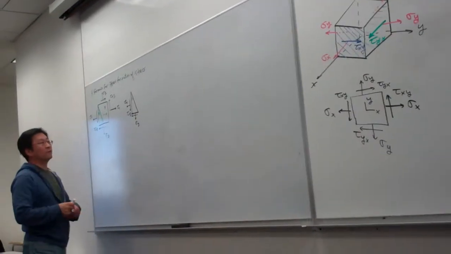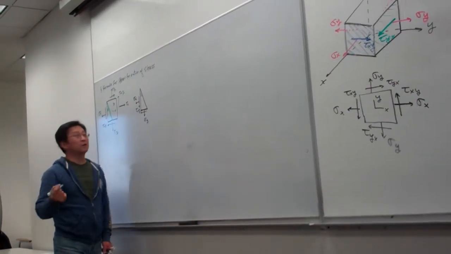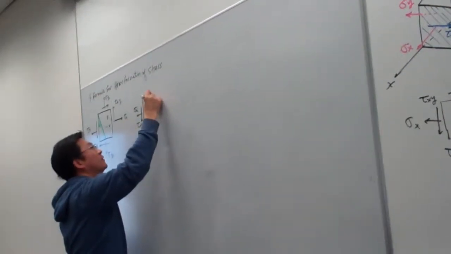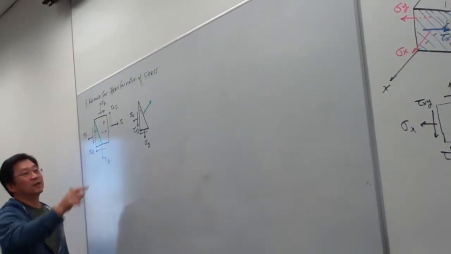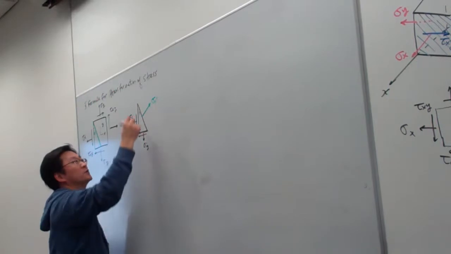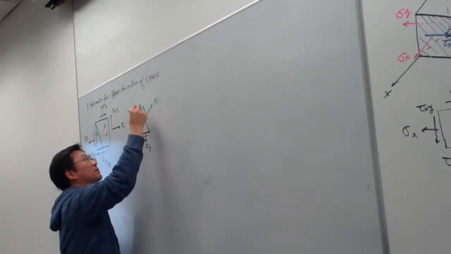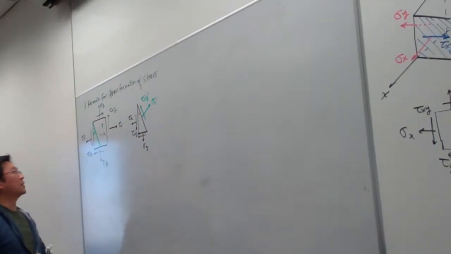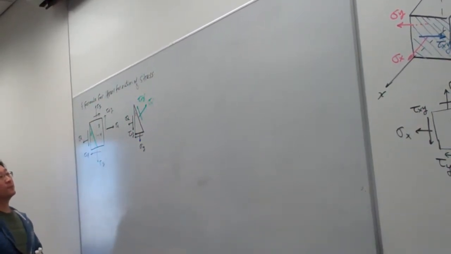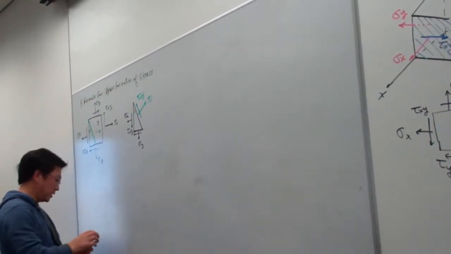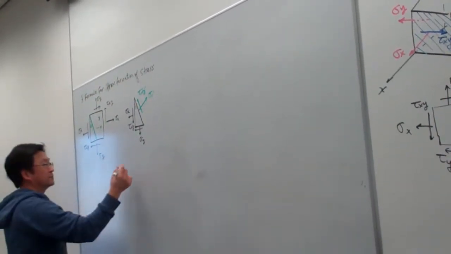Now we're looking for the distribution of the stress on this plane. This should be the prime direction, and this one is tau x prime y prime. Okay, so this is about the stress.